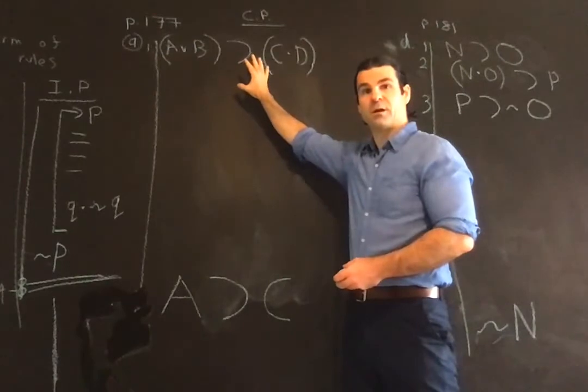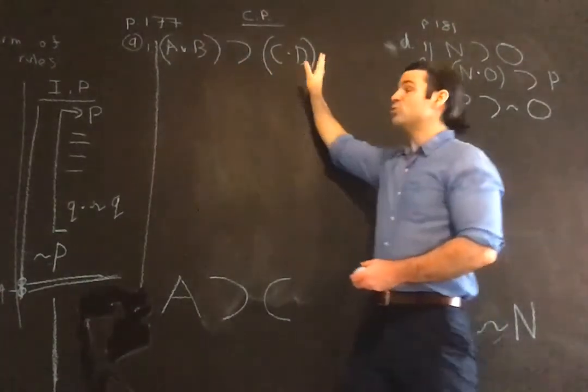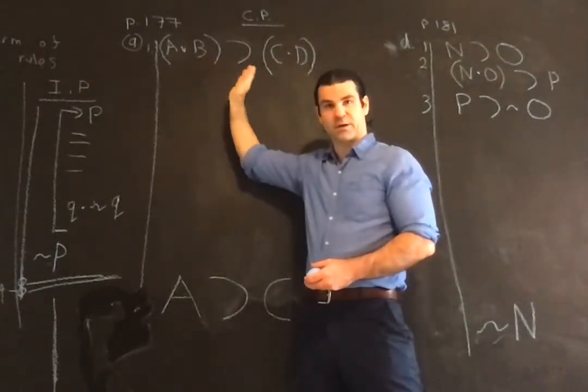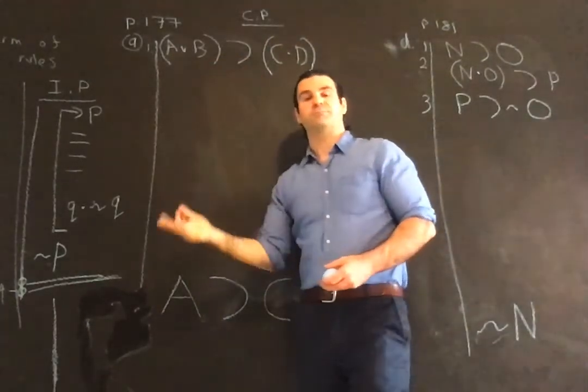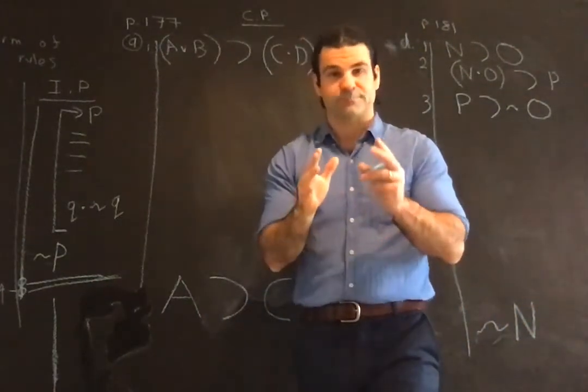The one premise is also a conditional, but you're not looking at that in thinking about how you're going to be applying conditional proof. Okay, this is a crucial point.